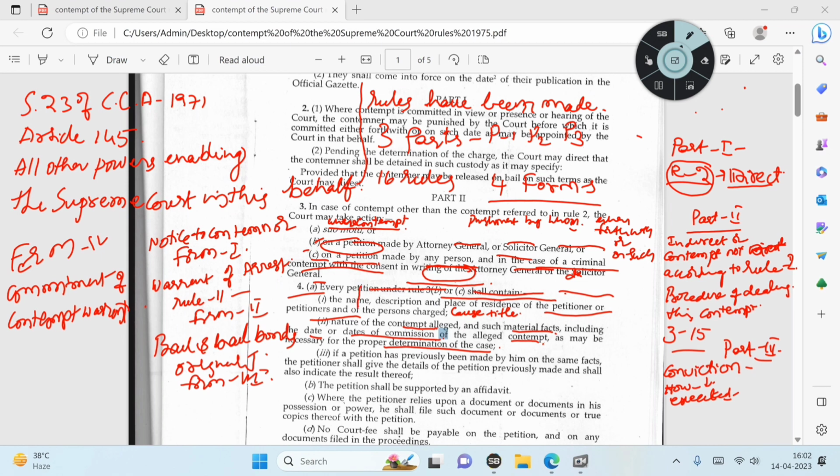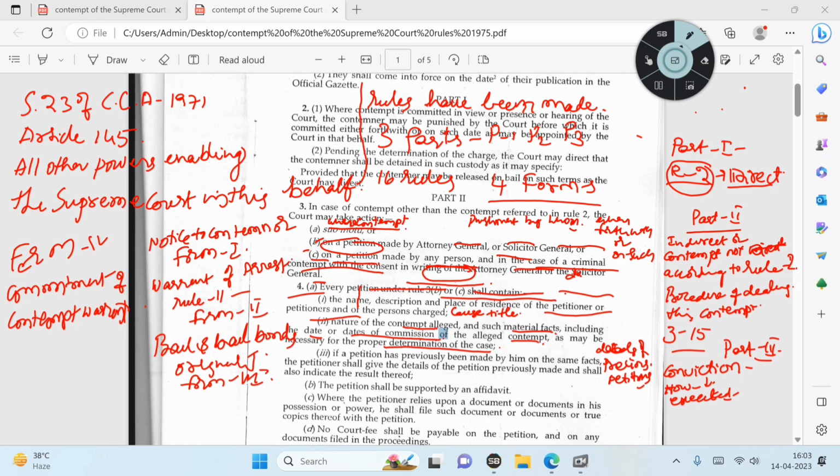Now come to the next. If a petition has previously been made by him on the same facts, the petitioner shall give the details of the petition previously made and indicate the result thereof. It is also common in all petitions.